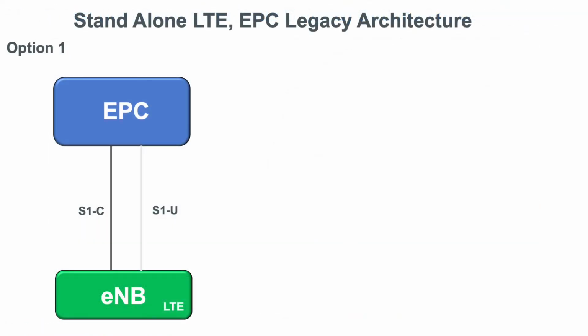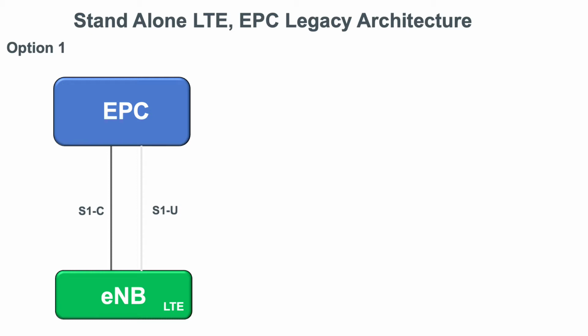So first of all, let's start with option one. This is basically the standalone LTE, long-term evolution, EPC, evolved packet core legacy architecture. This is the classic architecture of the 4G networks that we're operating with today.